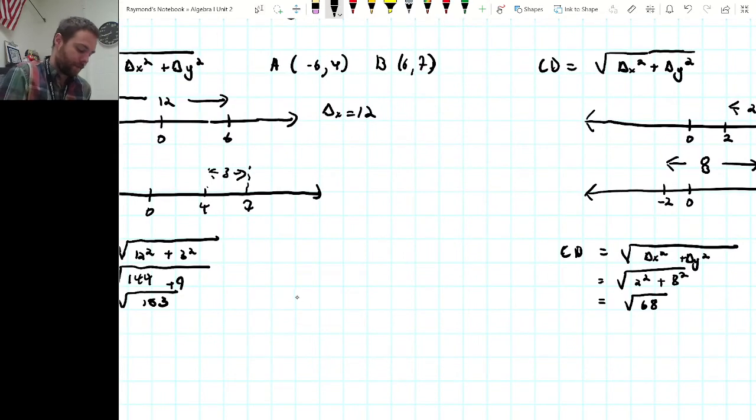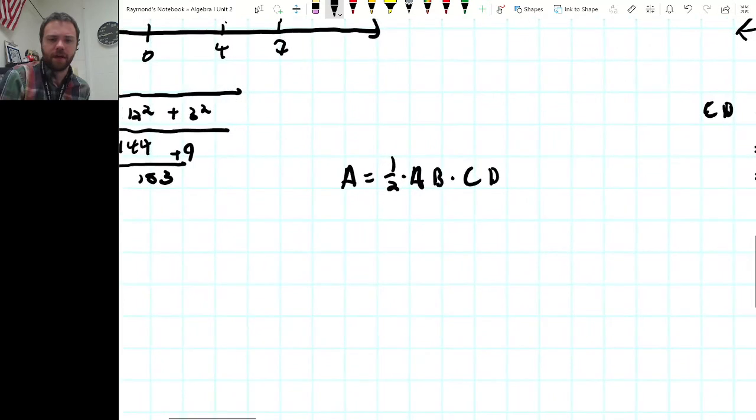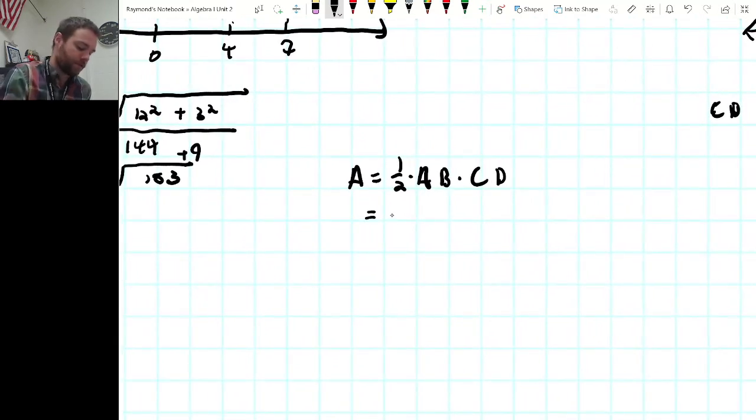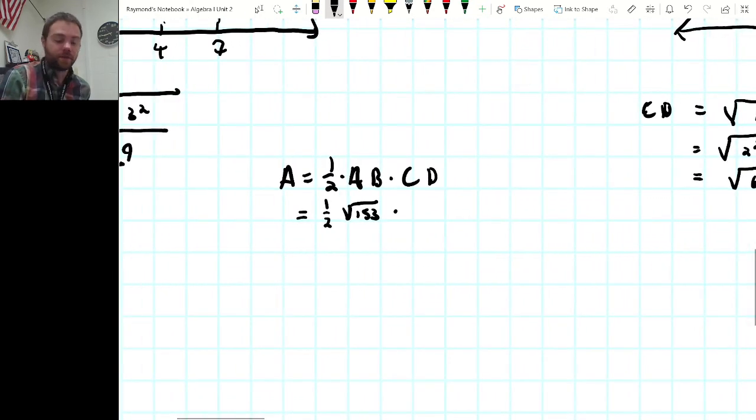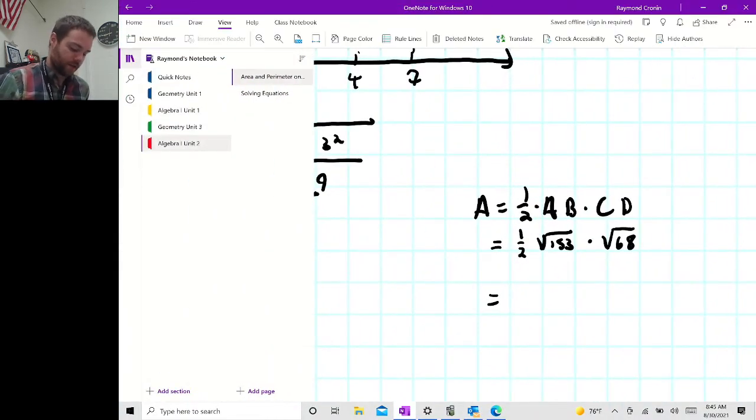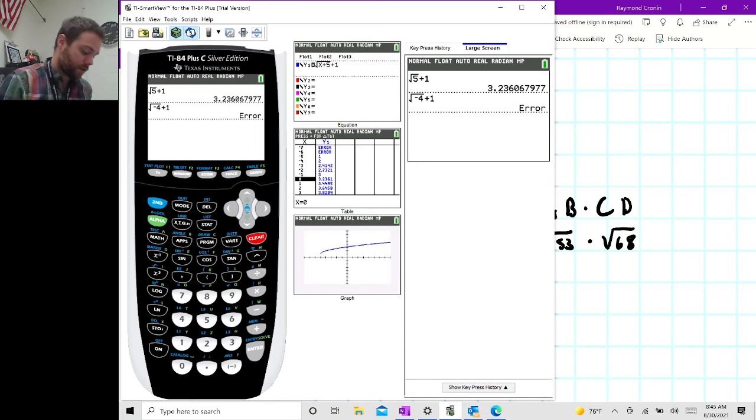So I've got area is equal to 1/2 times the length of AB times the length of CD. We just found AB to be root 153, and CD is root 68. Now all I have to do is type that into my handy dandy graphing calculator.